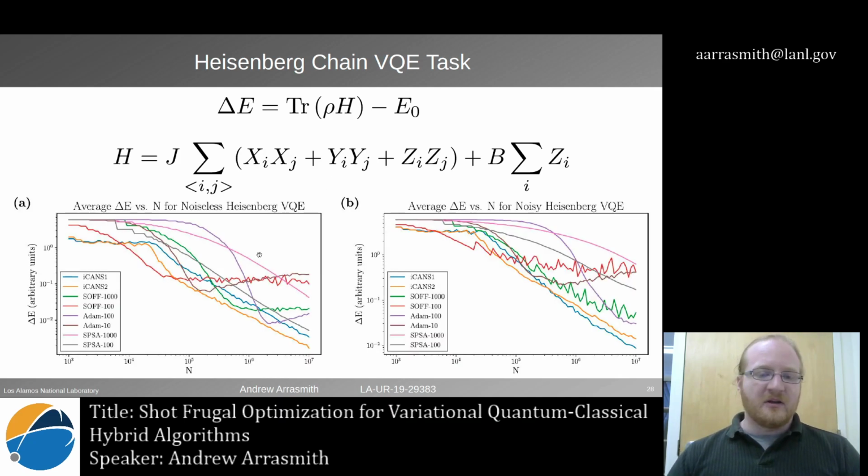And so, again, we find that ICANS does pretty well. Looking at the noiseless case, we find ICANS 2 actually wins this time, so that's with the optional adaptation of the learning rate, and ICANS 1 wins when we do include hardware noise in our simulations.